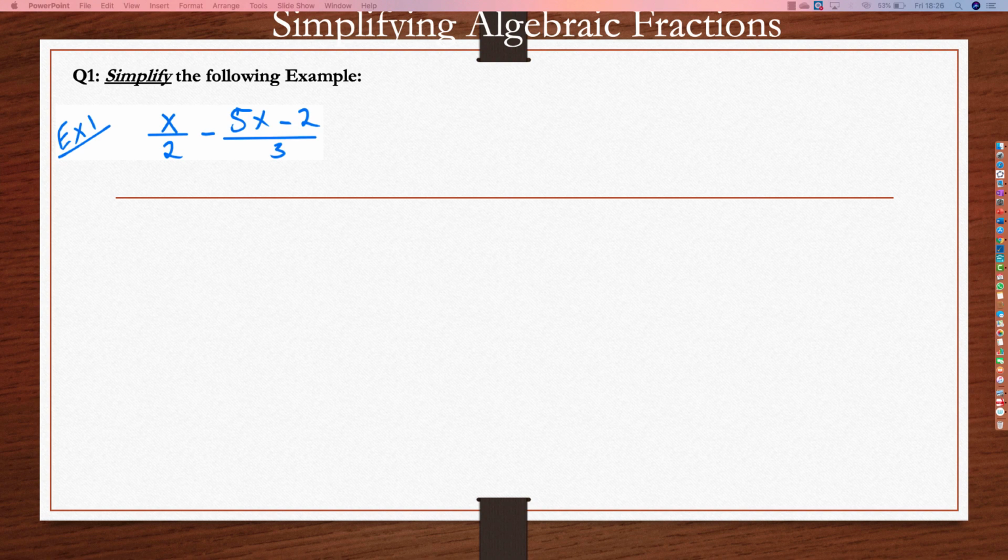Put 2 and 3 into brackets and then multiply 2 by 5x minus 2. On the bottom, we don't put 2 and 3, we put the lowest common denominator. What's the lowest common denominator? 6. Good stuff. Off you go. When it's algebra on the bottom, Steve, it's different, but when it's numbers, we make the lowest common denominator.